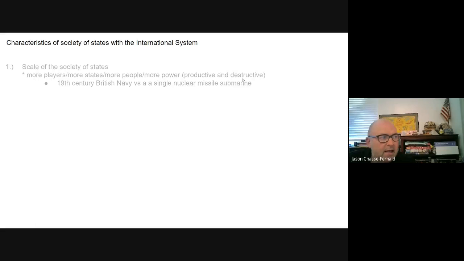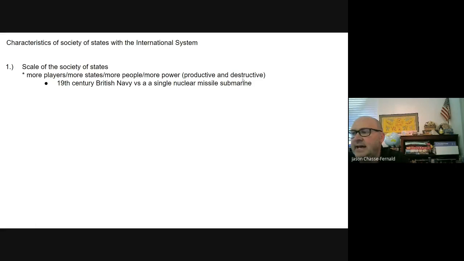So we find ourselves in the midst of an extremely complex international system that is the result of decades and centuries and even millennia of development to get to the point where we are today. So let's talk about a few characteristics of where we find ourselves today regarding international systems.